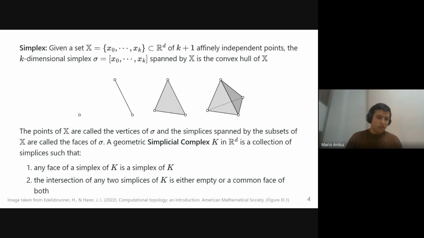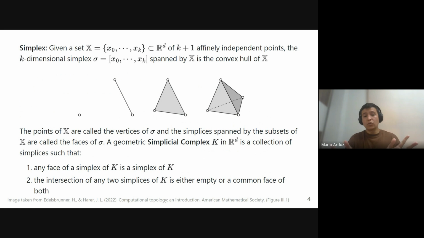But we have 2 conditions. Any face of a simplex of K is also going to be in K. The notation here is not completely right, but I was saying that if we have a triangle, any face of it, so its corners and vertices, are also going to be part of the simplicial complex K, which is the bigger one, the set of all these little simplices.